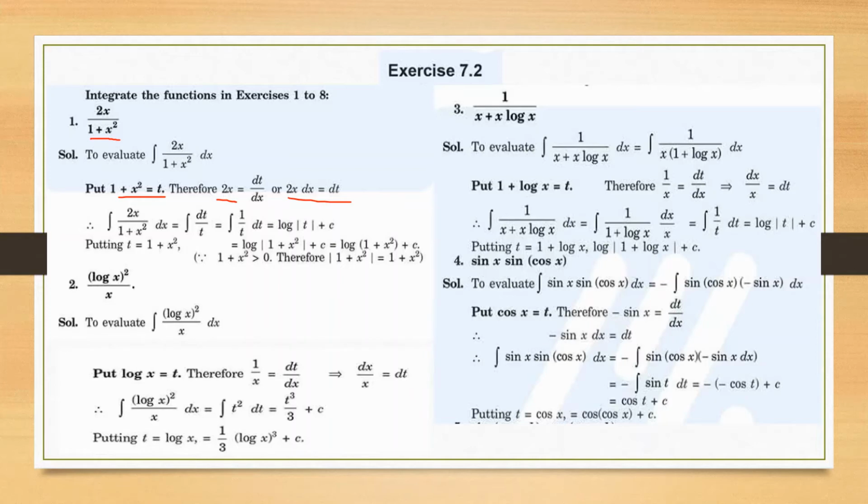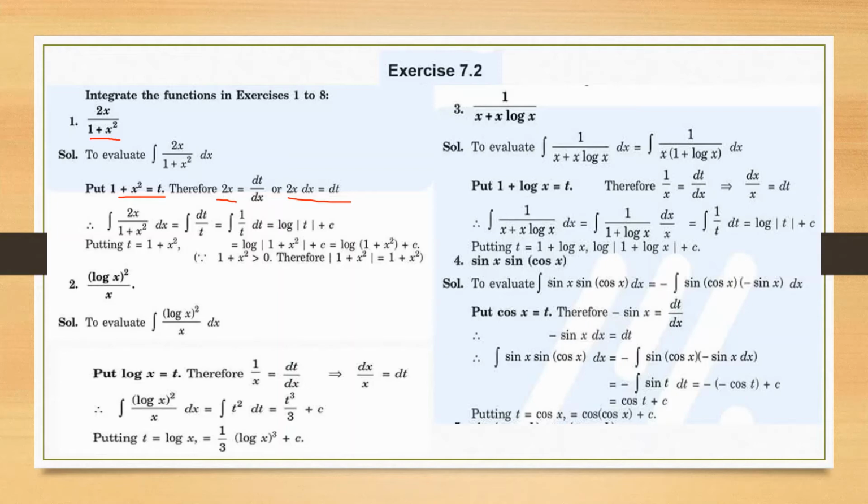Then cross multiply, x variable to one side, t to the other side. So I should be able to judge that the derivative of the denominator is present in the numerator. If direct integration is not possible, then think of substitution.